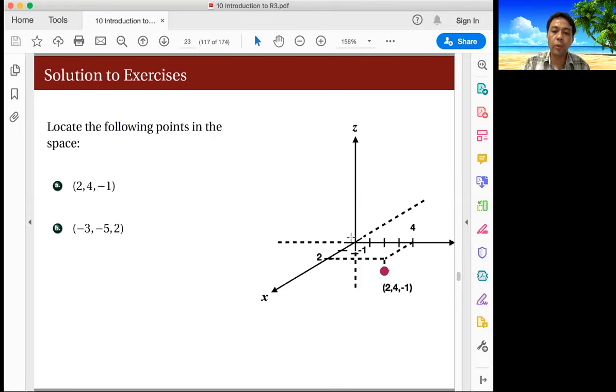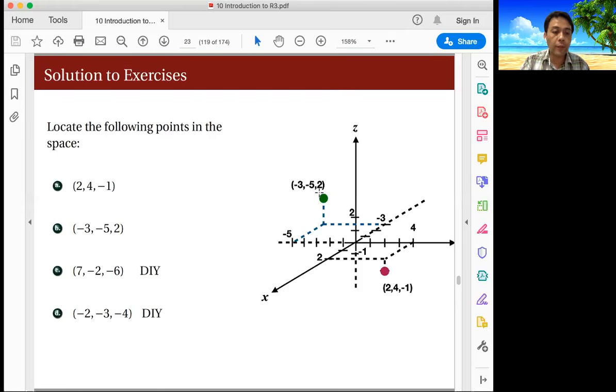So we go 3 units to the negative x-axis, 5 units to the negative y-axis, and 2 units parallel to the positive z-axis, and we get the point -3, -5, 2. Now, the other 2 points, I leave that to you. These are do-it-yourself plotting.